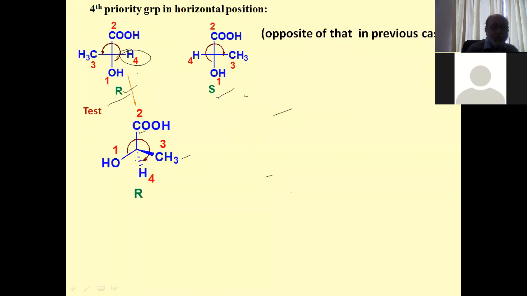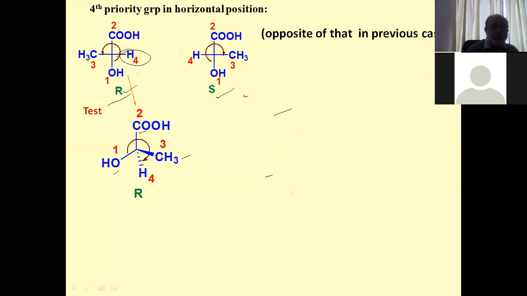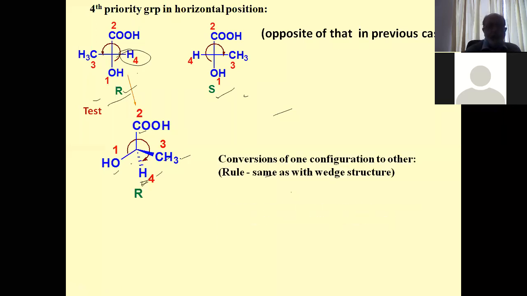This is COOH, and OH will be here, and CH3 will be here, and H. Here it is already in the backside, so there is no problem of group exchange. So here 1, 2, 3 is clockwise direction, so it is R. So here also it is R. So what we are telling is correct.